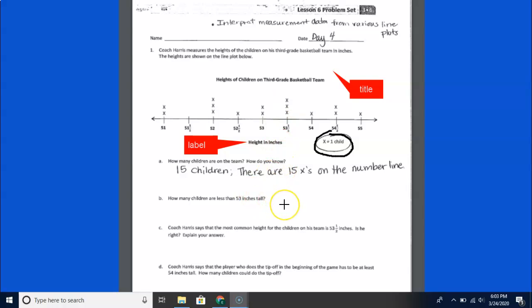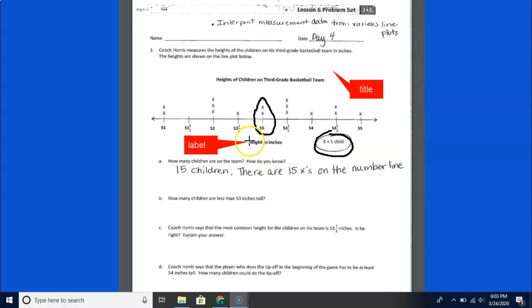Now let's take a look at B. How many children are less than 53 inches tall? In order to answer this question, we need to look at where 53 inches falls on our number line. I can see that 53 inches is here. But I want to know how many children are less than 53.